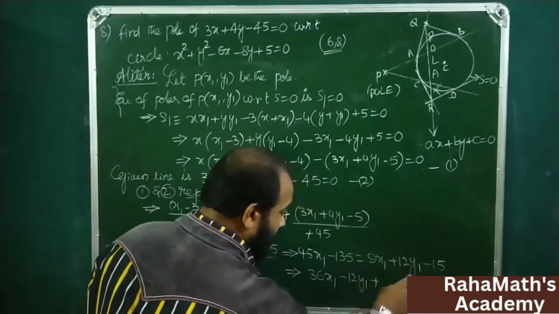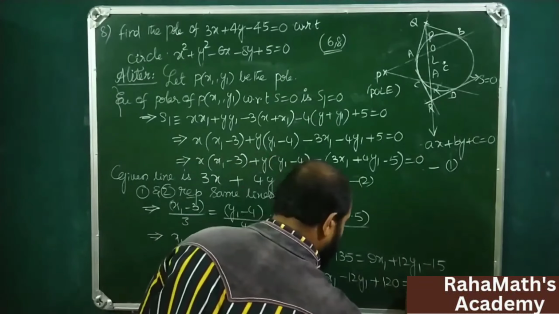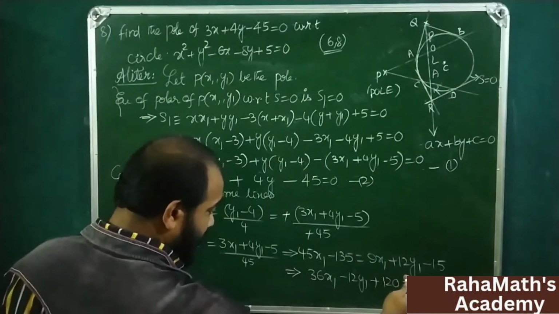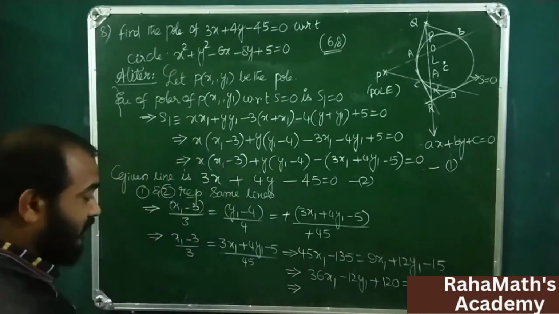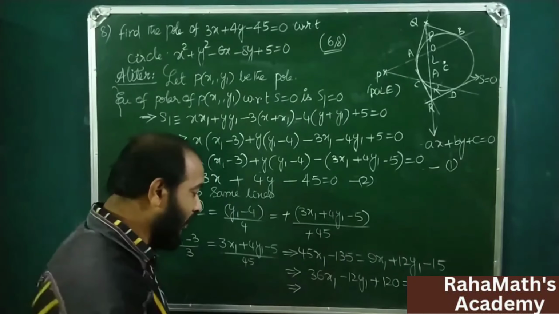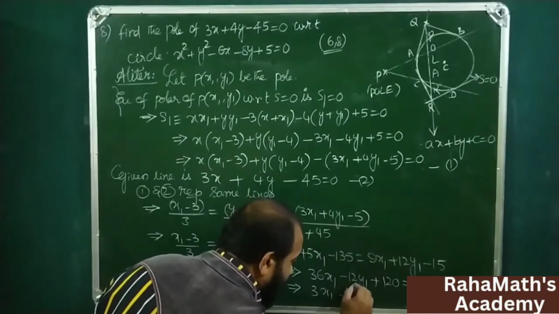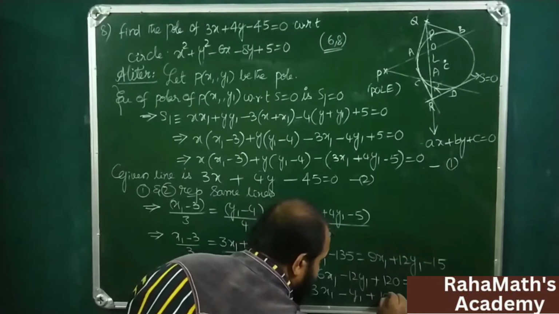So 5 minus 5, 0, 3 minus 1. So 120 equals 0. If you cancel with the 4 table, then this is the 12 table. 12 3s are 36, 12 1s are 12. So y1 plus 10 equals 0.